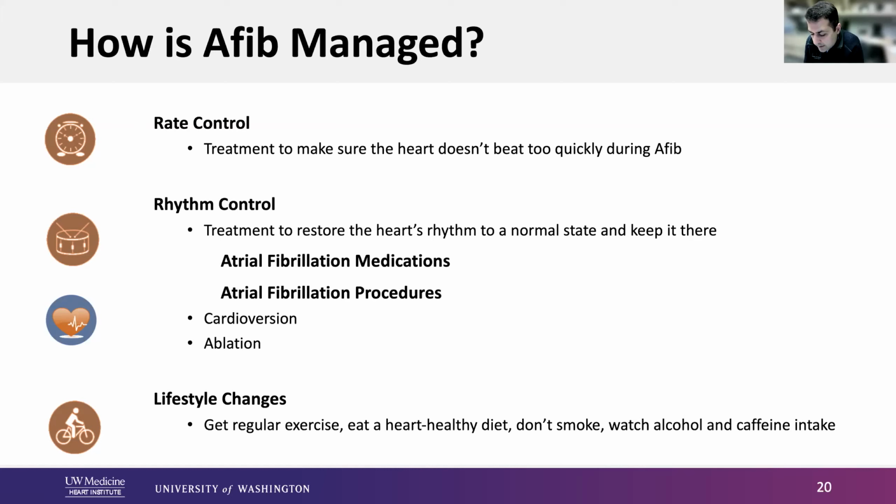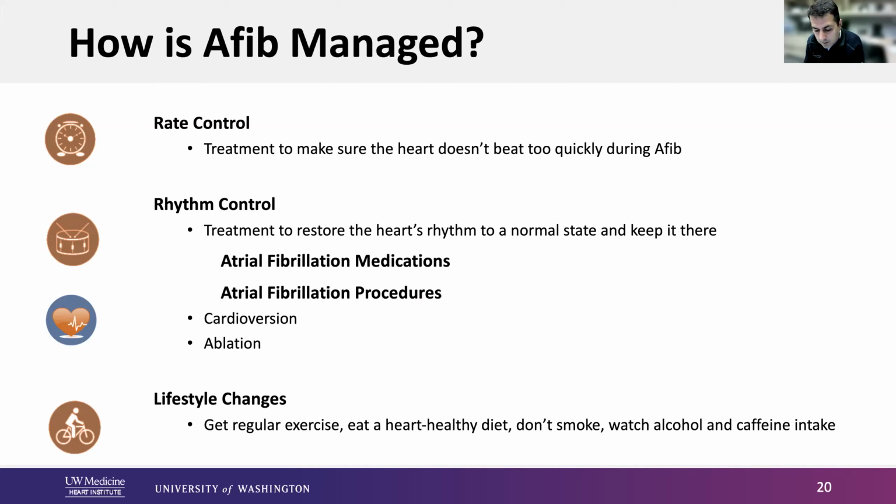Everyone who is diagnosed with atrial fibrillation needs their heart rate to be controlled. So we don't like patients to have a racing heart all the time. This is one of the things that can lead to the heart muscle weakening. So we don't want our patients to have a fast heart rate all the time. And rate control means using medications that slow down the heart.